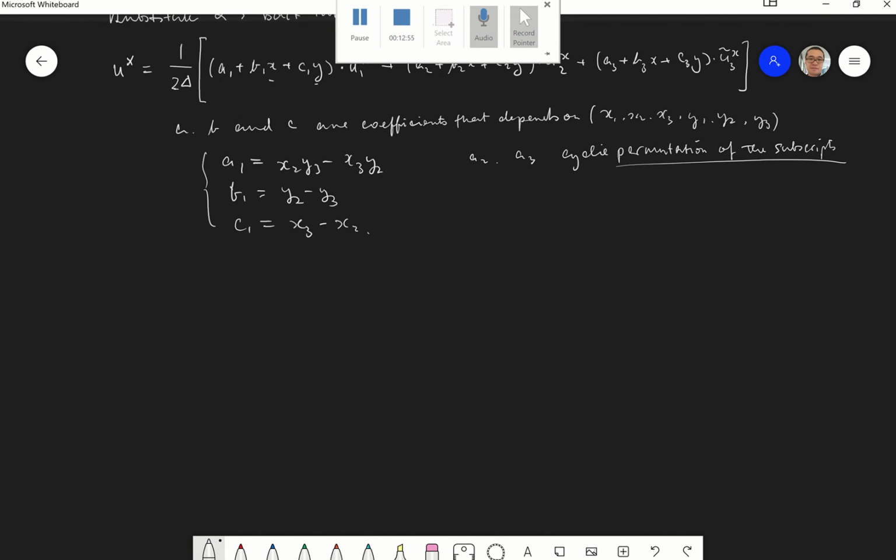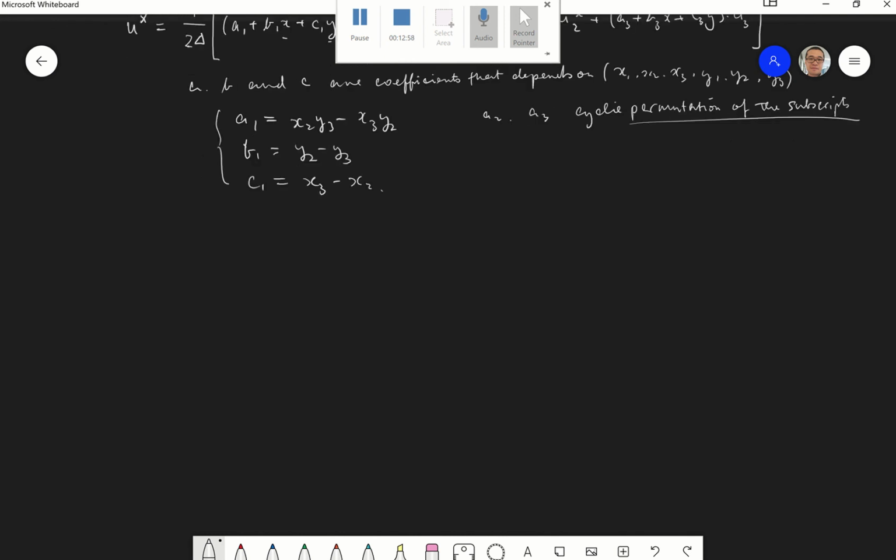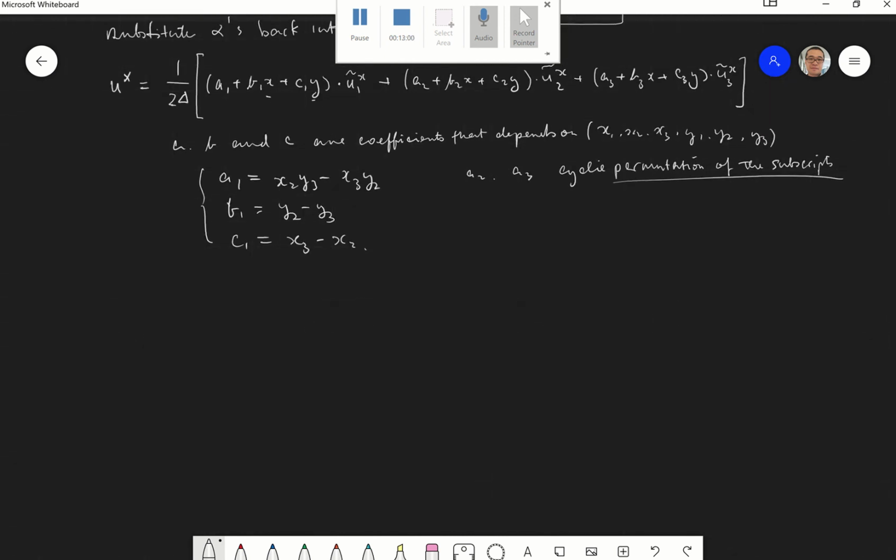So if you look at a cyclic permutation, the easiest way to think about it is to write the three numbers 1, 2, 3 in a circle, and then you move forward by going clockwise direction. So how does that work? If I want to write A2, for example, from A1 using this cyclic permutation, we'll still have some sort of xy minus xy.